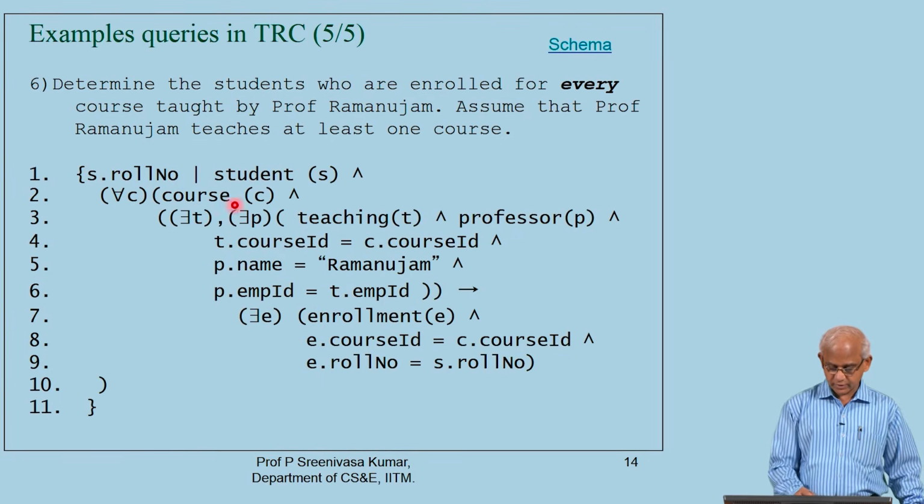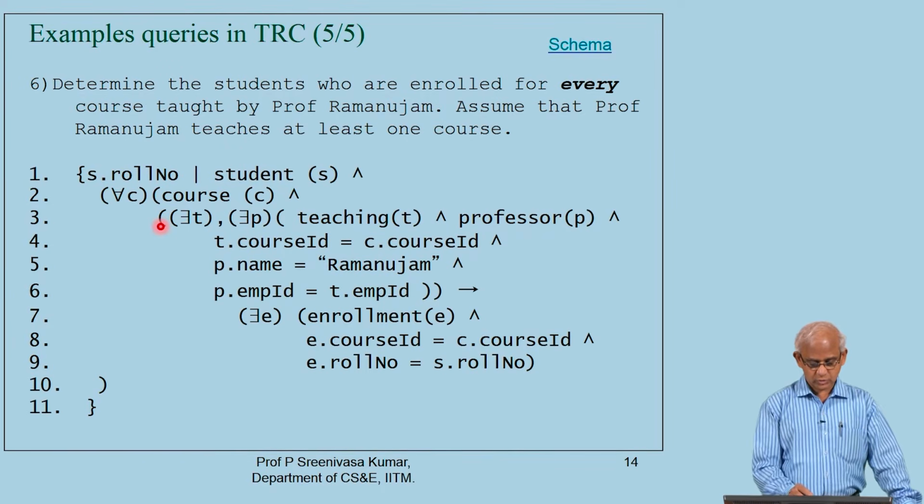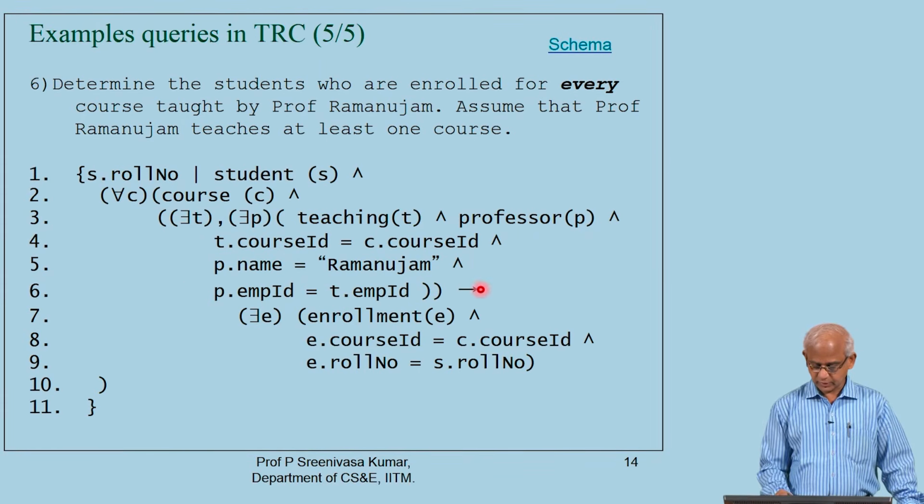Okay. So, here is the query. Just focus on that. We have free variable student, and I want you to draw your attention to this particular implication sign here.